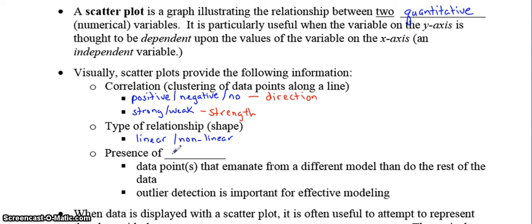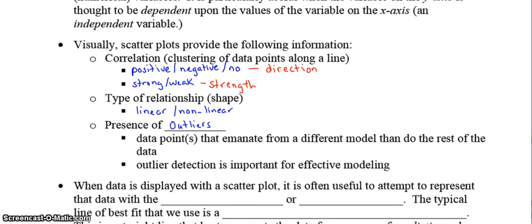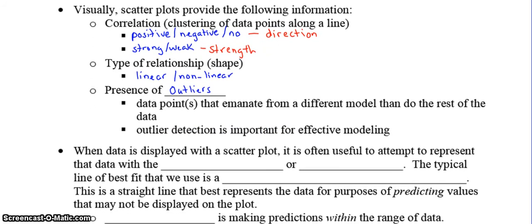You also want to look at the presence of outliers. Of course, those are data points that emanate from a different model than do the rest of the data. Outlier detection is important for effective modeling. Later on in the unit, you'll be learning how to calculate which points are outliers.